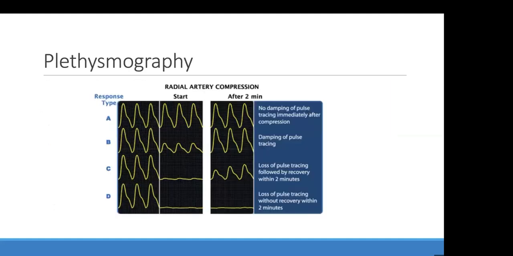The other way, which is quicker, faster, and actually reproducible, is you attach a pulse oximeter to the thumb of the patient, and then you compress, and you observe after 2 minutes what waveform you'll have.